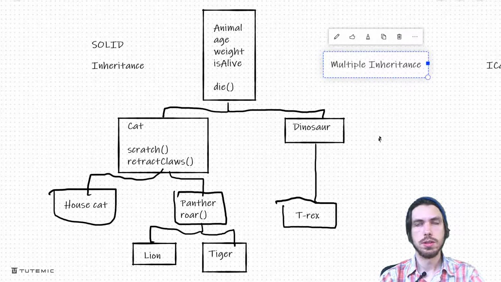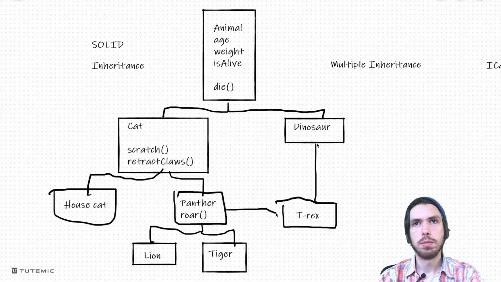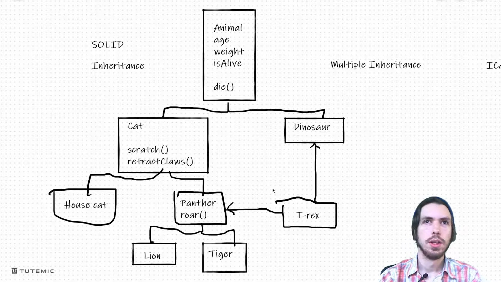Multiple inheritance, in this particular example, would mean that our T-Rex both derives from dinosaur, right? And it also derives from panther, right? So I never know which way to point the arrows. Like T-Rex derives from dinosaur, or anyways, it's like immigration versus emigration. Well, whatever, you get the idea.